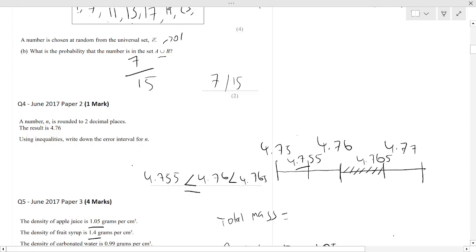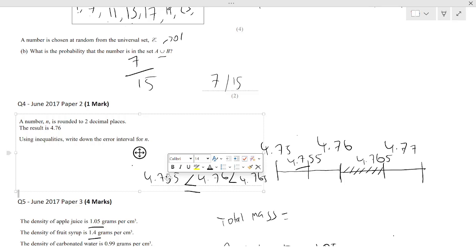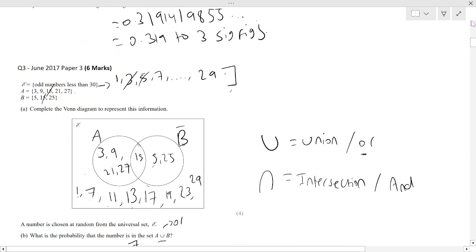Yep. Make sure there's an equals to there. Because remember, that does still round up to 4.76, but that doesn't. So that is not an equal to, but that is. Okay, so the lower bound is equal to because it can round up, but that cannot round down, and the upper bound. Okay. God, hopefully I've not made any mistakes again. It's looking like it. That's cool.